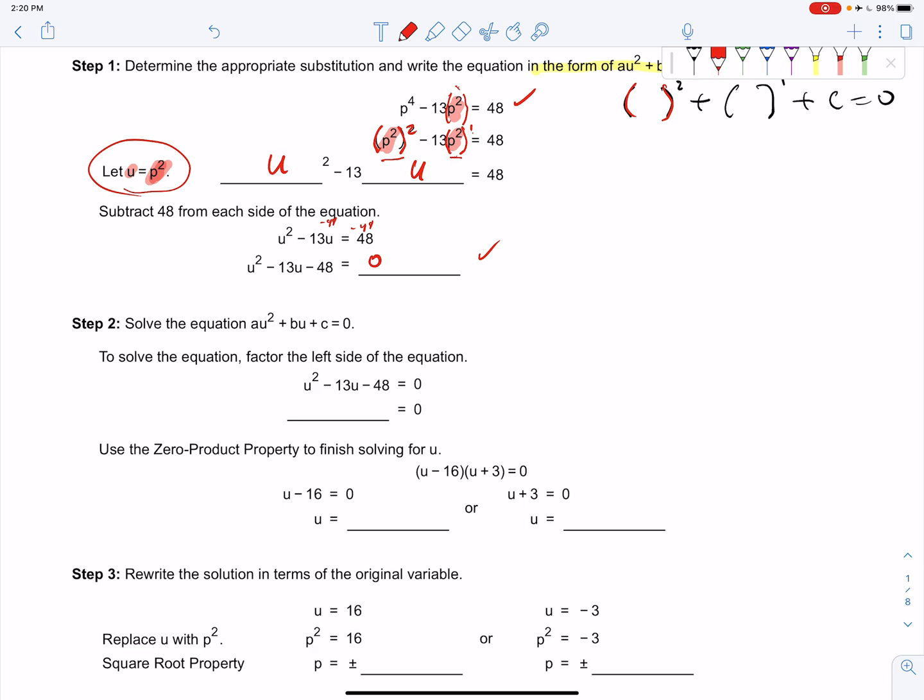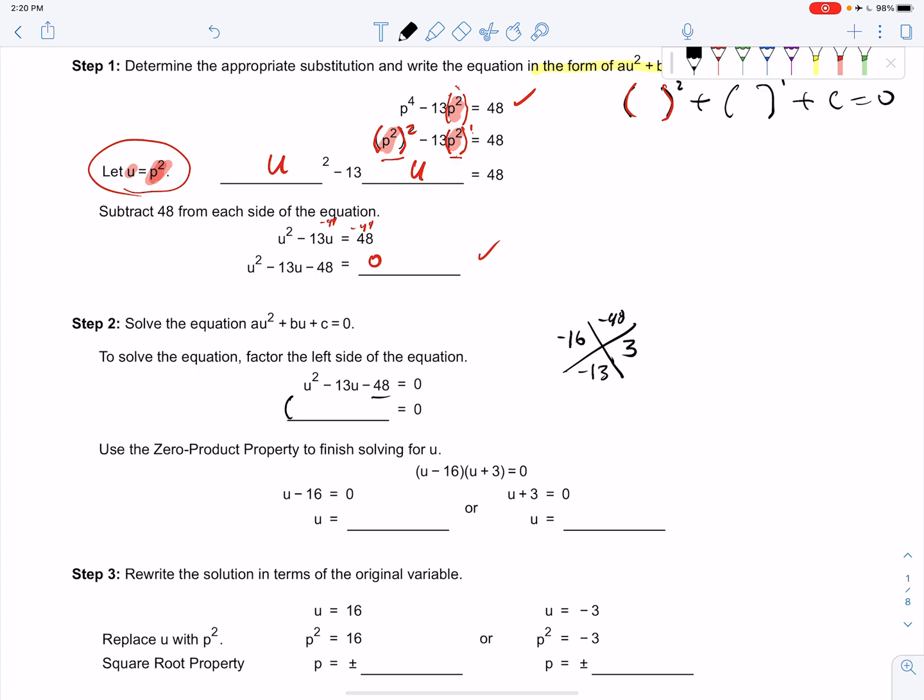So we have this written as a quadratic. Now we want to factor it. Essentially what we're looking for is what two numbers multiply to negative 48 and add to negative 13. That's going to be negative 16 times 3. It multiplies to negative 48 and adds to negative 13.